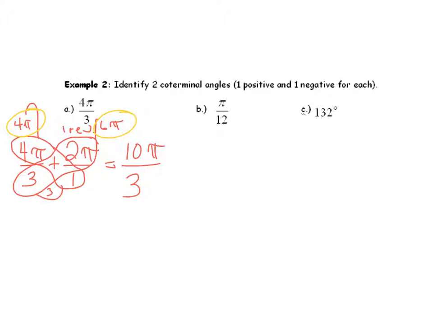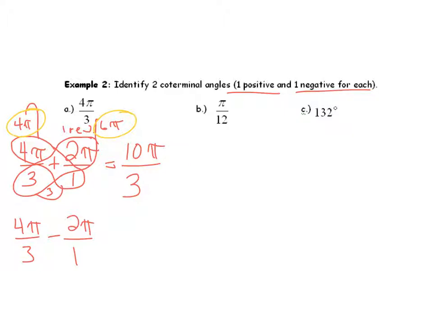Let's practice it with subtracting. So it does say to find 1 positive and 1 negative coterminal angle. So 10 pi over 3, that's a positive number. I'm good. Now I've got to do 4 pi over 3 and subtract 1 revolution. In other words, I've got to subtract 2 pi over 1.